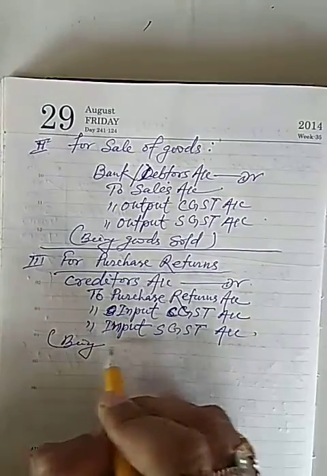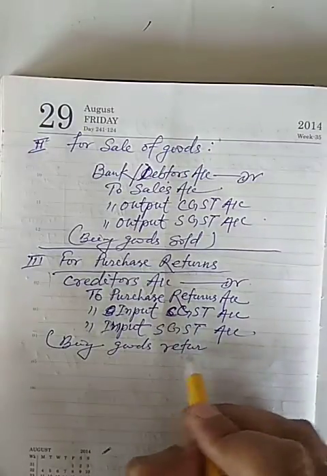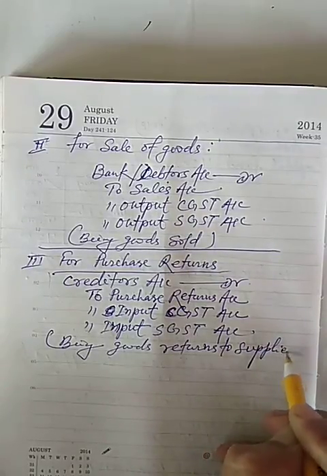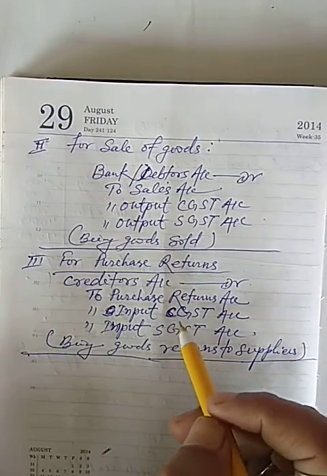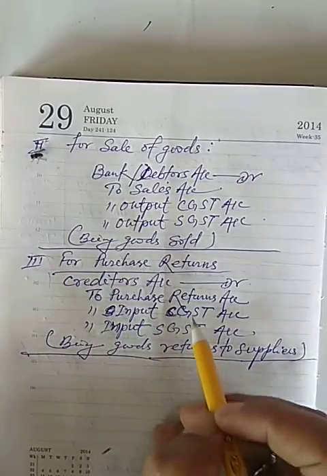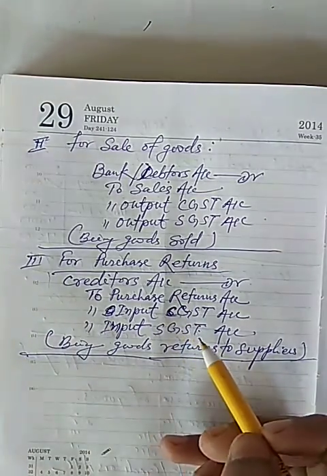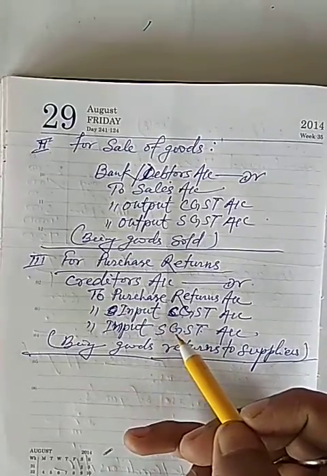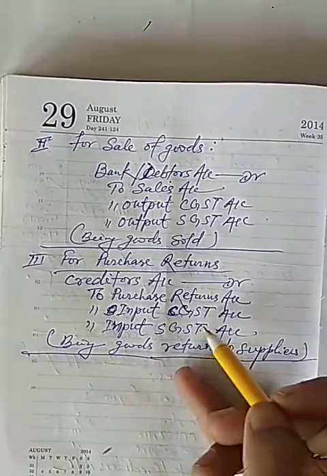Being goods returned to supplier. In case of purchase return, input CGST and input SGST accounts are credited, because at the time of purchase input CGST and SGST were debited. So at the time of purchase return they will be credited.